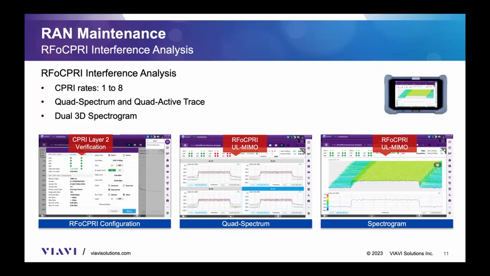Therefore, if there's a problem, it can be either PIM or an external interferer. If we have external interference, we can analyze the profile or characteristic of that interference.